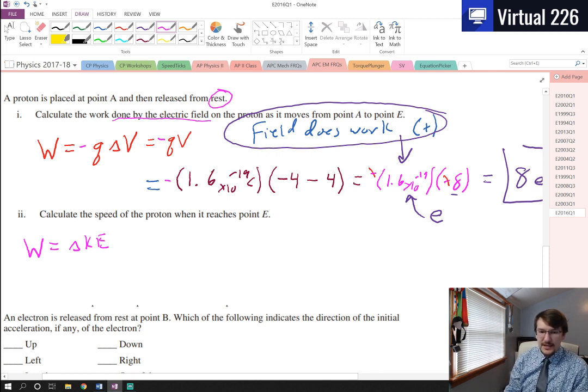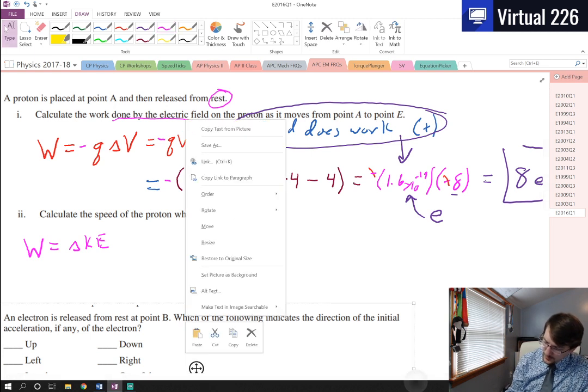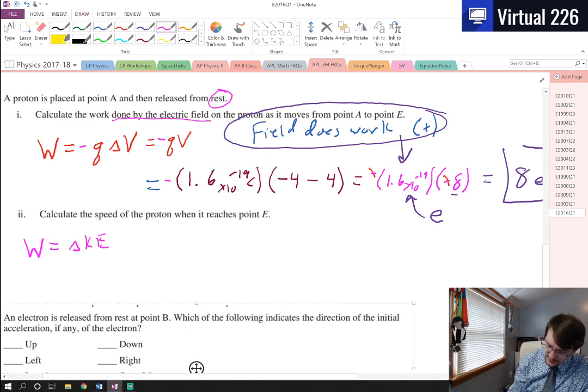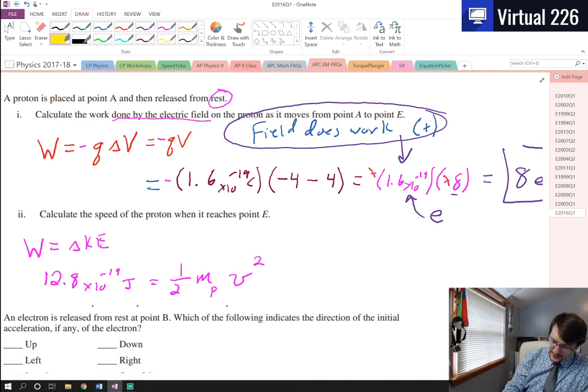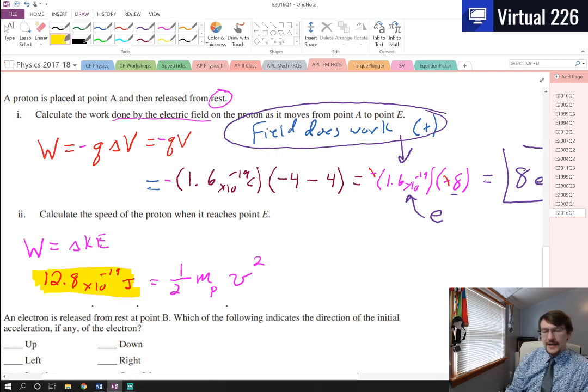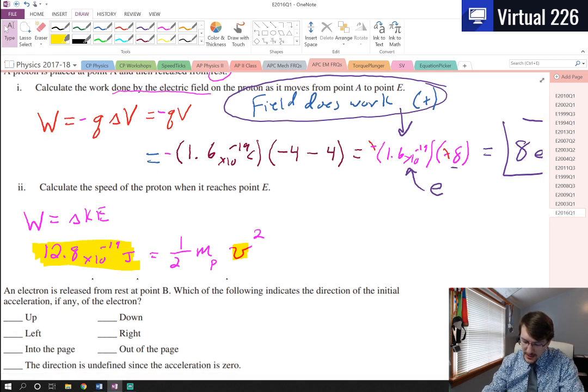So we can just say that the value we had before, the 1.6 times 10 to the minus 19 times 8, which I think I just worked out to be 12.8 times 10 to the minus 19 joules, has to equal 1/2 times the mass of the proton times velocity squared. For this, you cannot write 8 electron volts. You need that answer in joules there. You need it in SI units because you need your velocity to be in SI units as well.